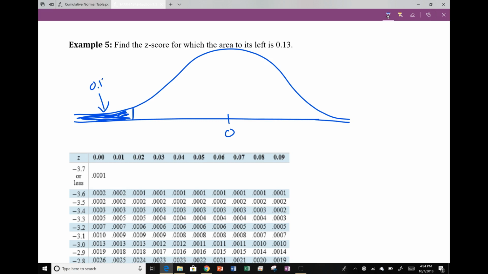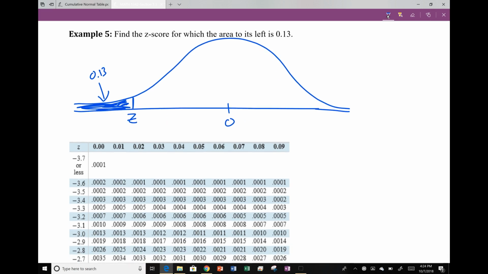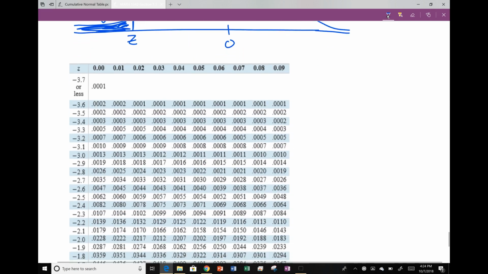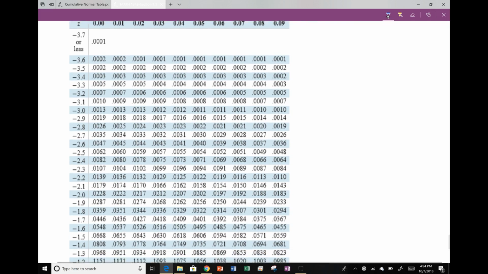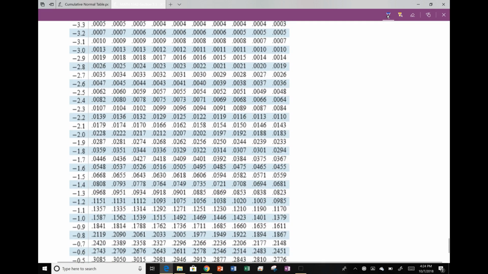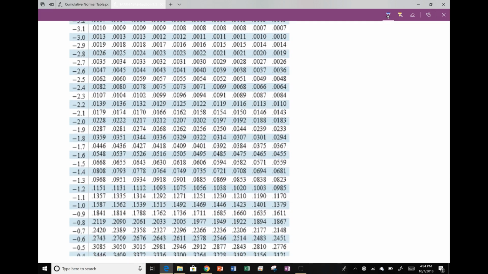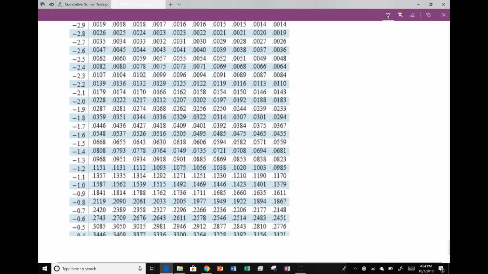This is 0.13. I want the z that corresponds with it. So I don't have the z, I have the probability. The probabilities, recall, are in the center of my table. So what we have to do is look in the center of my table for that value, 0.13. 0.13 is my probability.